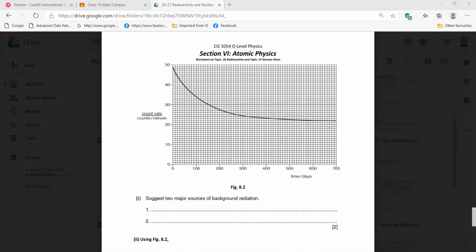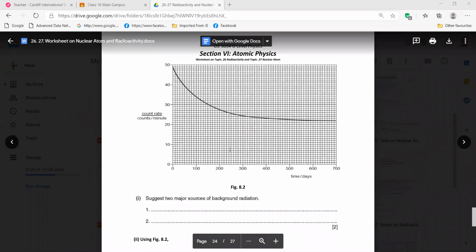The contribution from the source is negligible, and the count rate we are getting is only from the background sources. So that's why it is coming constant, right? Here we are getting one straight line. So if you count from 20, then we are going 21, 22. That's giving you the background count, 22 counts per minute. Is it clear?